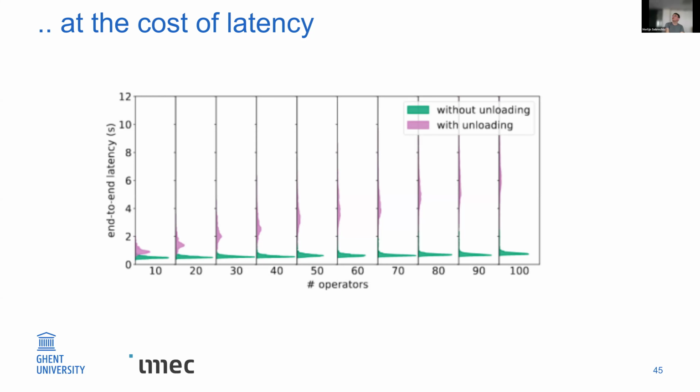So there is an additional cost of latency. This is why our current research is looking into, for example, using machine learning in order to predict when operators will have to be reloaded and be able to reload them beforehand in order to have better latency, better reactiveness into this.